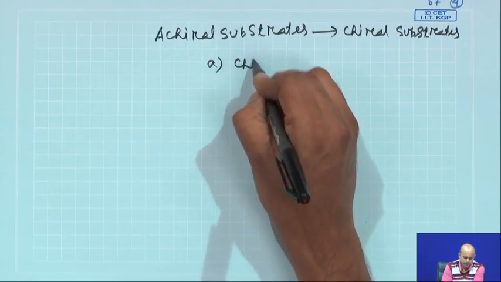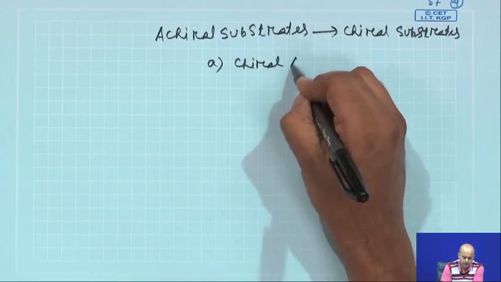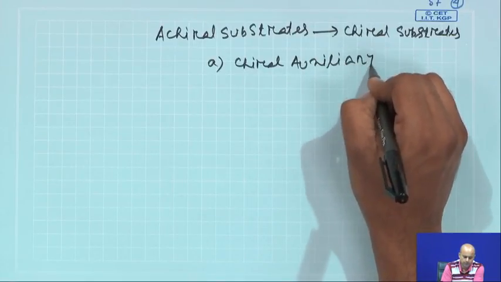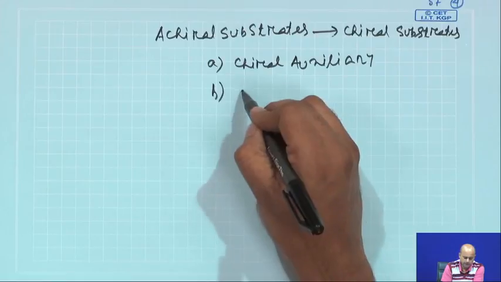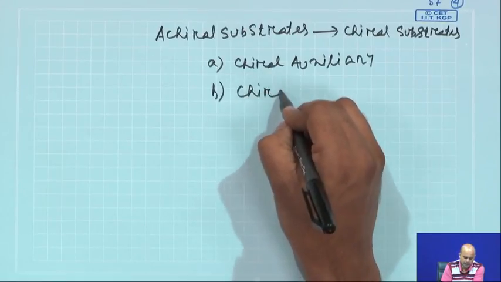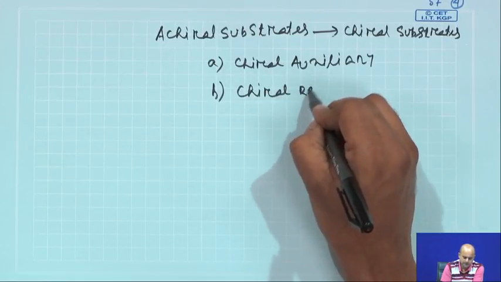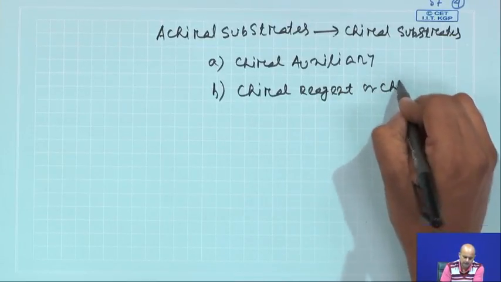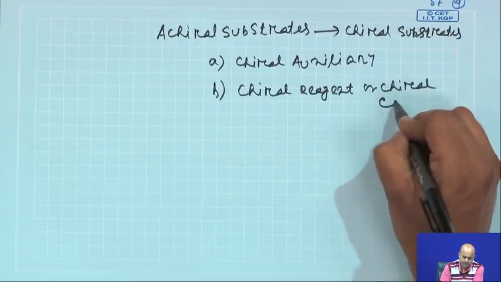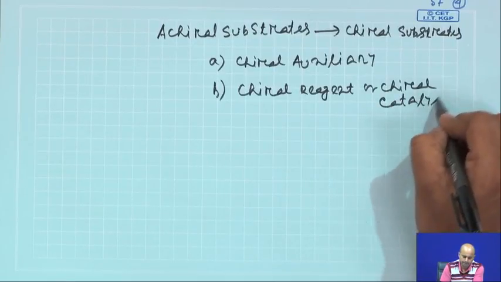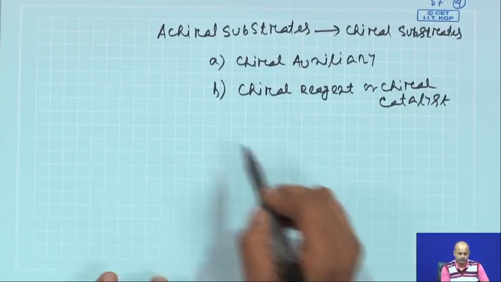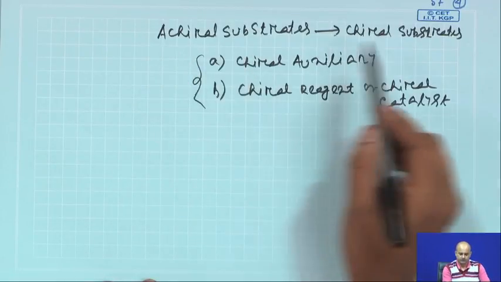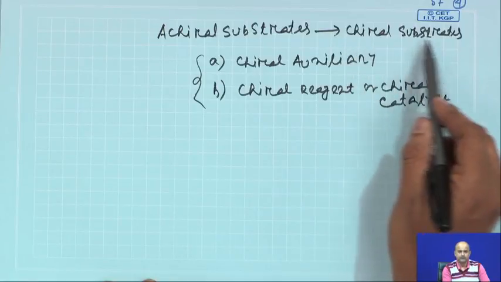The very early approaches, which are very popular, are chiral auxiliary based approaches, and the other approaches are where you react with a chiral reagent or a chiral catalyst. These are the two principal ways you can start with achiral substrates and synthesize a chiral substrate.